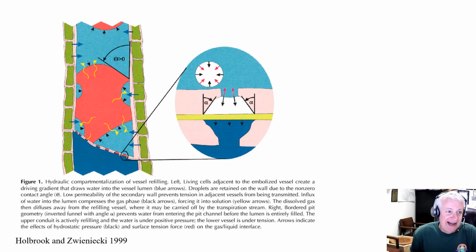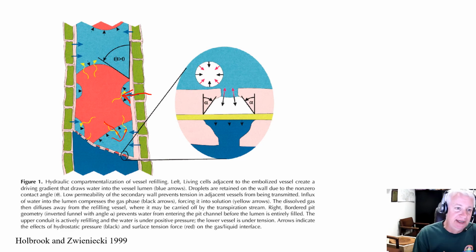So this is a diagram showing basically the movement, the pumping of water from ray cells into the xylem and the reabsorption of gases into liquid water, and then the diffusion of gases into adjacent cells.